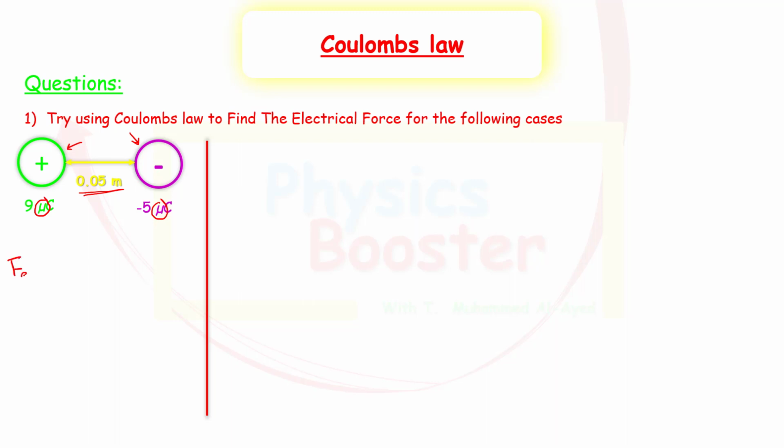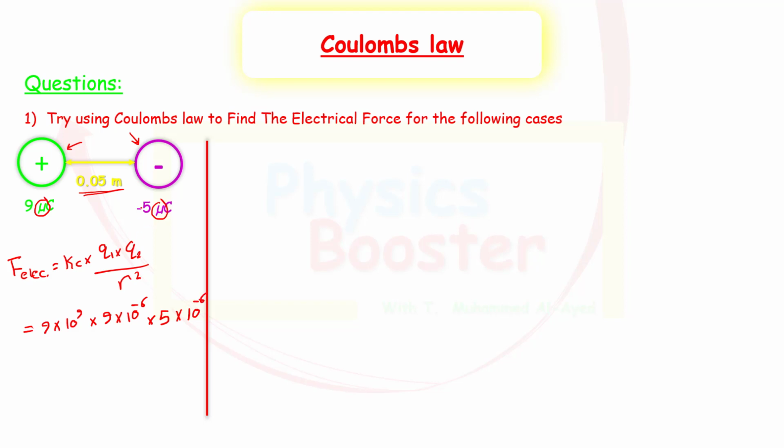The electrical force is equal to Coulomb's constant multiplied by Q1 multiplied by Q2 divided by the distance squared. So Coulomb's constant is equal to 9 multiplied by 10 to the power 9. Then we multiply it by the first charge, 9 microcoulombs, which is 10 to the power negative 6. Then we multiply it by 5 microcoulombs, which is also 10 to the power negative 6.